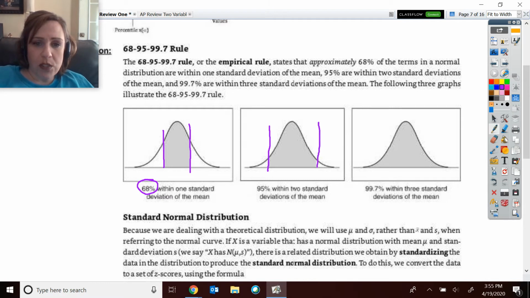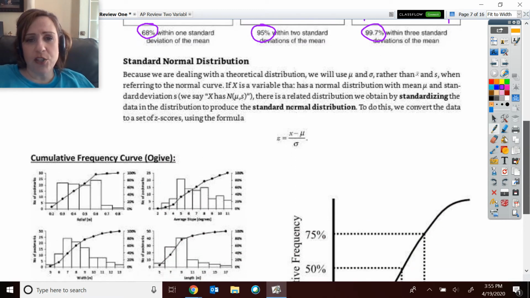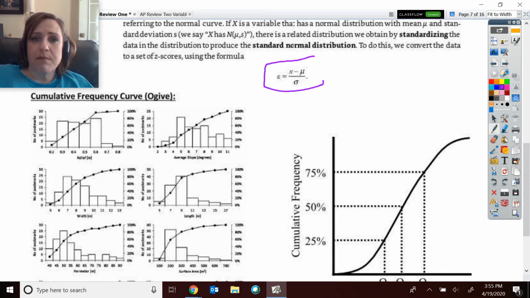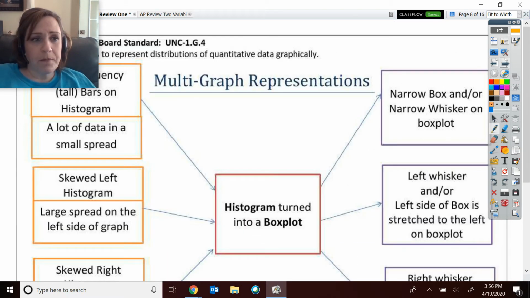Within 2 standard deviations is 95%, so you have 5% of your data that are outliers. Within 3 standard deviations is 99.7. All right, and then we've got our standard normal model with our x minus the mean over the standard deviation.